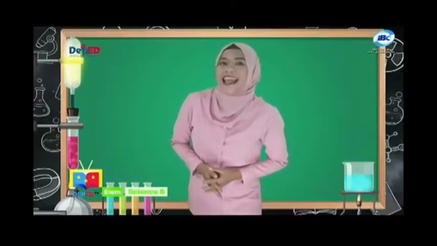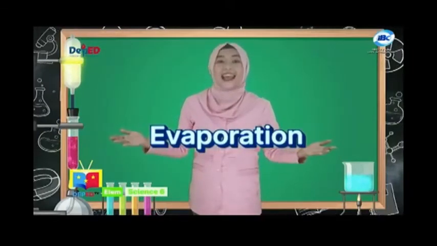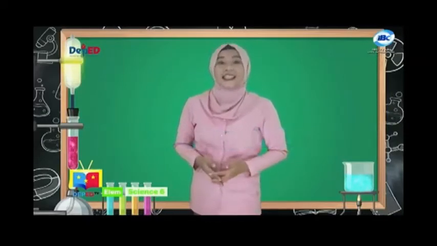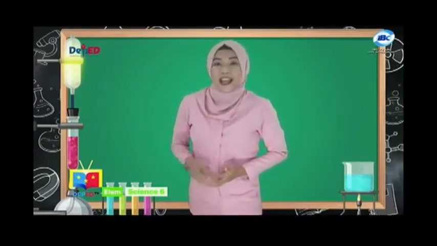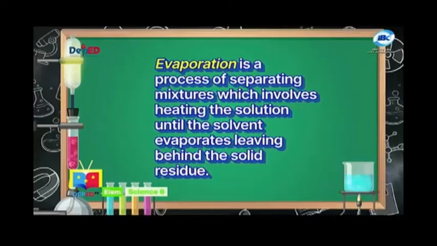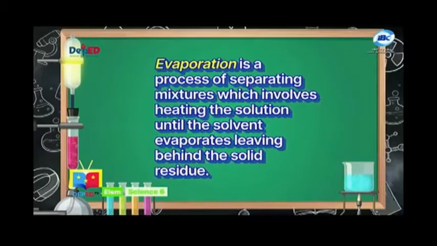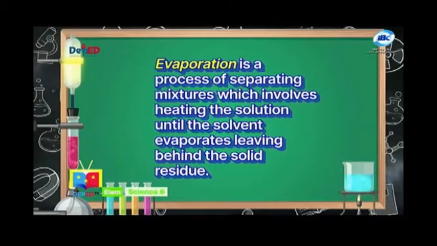Soluble solids can be separated from a liquid through the process of evaporation. A common example of this is when you want to get salt from seawater. Evaporation is a process of separating mixtures which involves heating the solution until the solvent evaporates, leaving behind the solid residue.